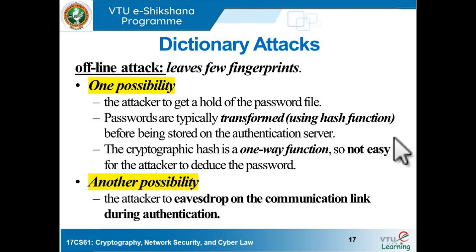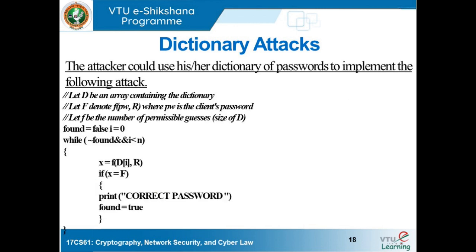Even if the passwords are transformed using a hash function, the attacker can gain access to this file, though maybe it is not that easy for him to deduce the password. Another possibility is that the attacker can eavesdrop on the communication link established between the victim and the server, and then gain access to the hashed password itself and use it in order to impersonate or gain access to the system.